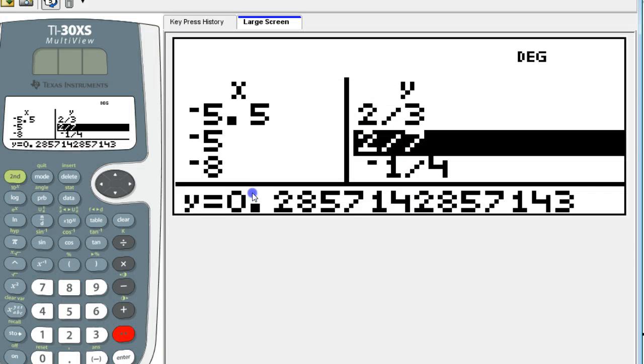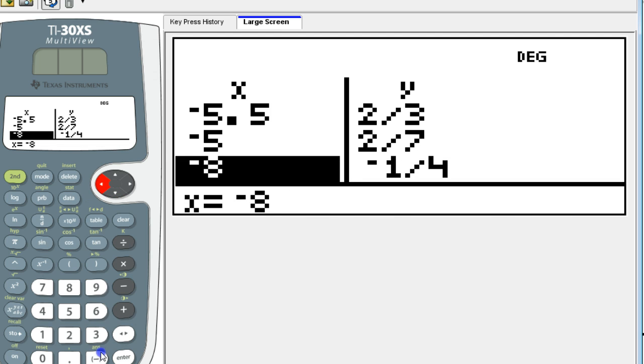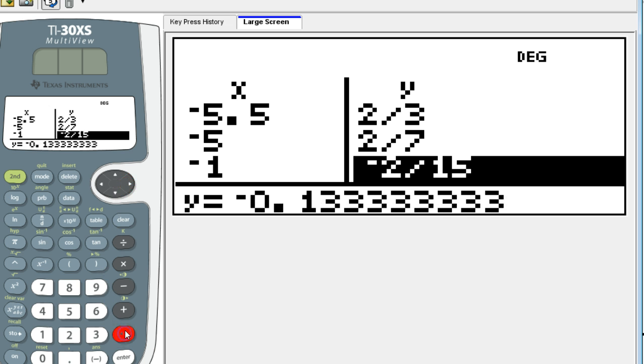At -1, all right, these are all such small numbers. At -1, I'm at -0.1.